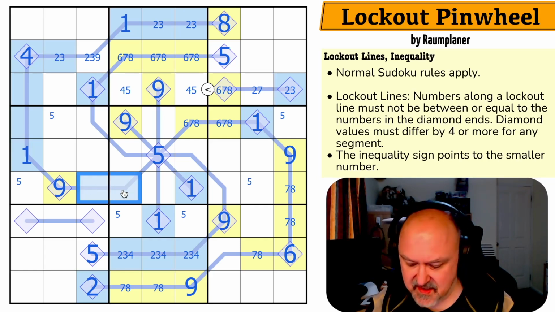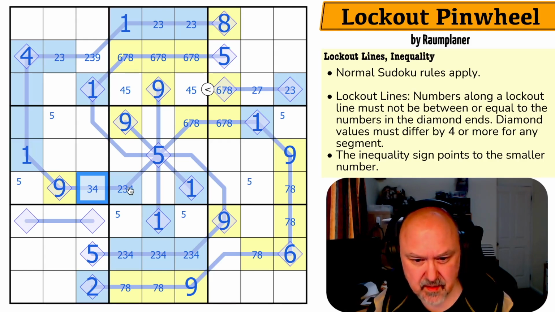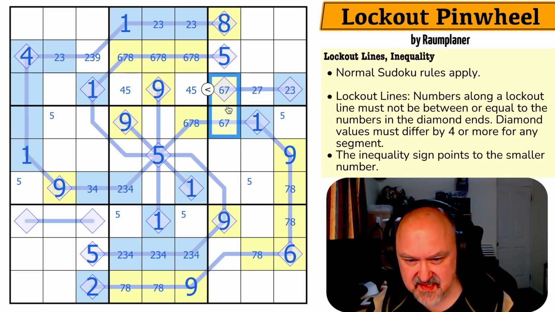So these are 2, 3, 4. There's no 2 there. There's no 8 in either of those. That's a 6, 7 pair.